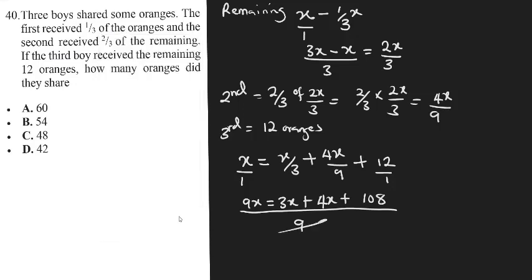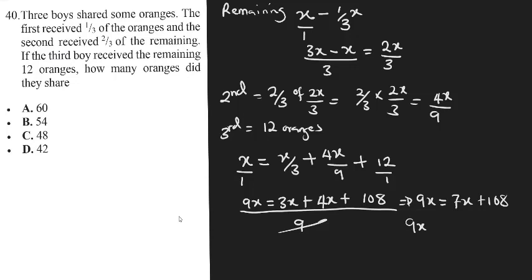So cancel the denominators. Why? Because there is presence of an equality sign. Whenever you take LCM and there's an equality sign, you cancel it. So we are now having a linear equation, which is the same as 9X equals, now 3X plus 4X is 7X, then plus 108, right? So collect like terms. This 7X will move to this place and it will be minus since it crossed the equal sign.